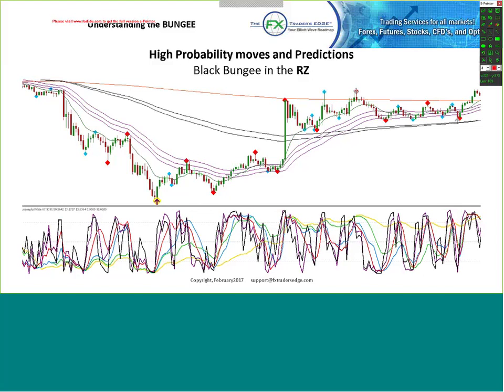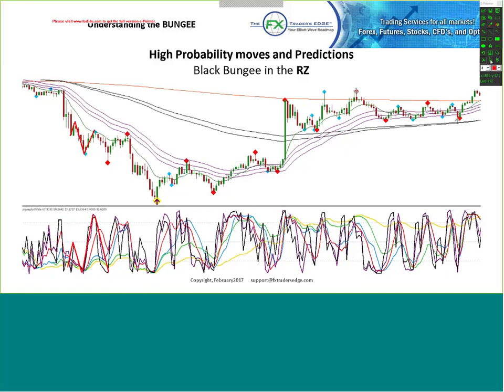I'm one step behind myself. This little move up and down of the black bungee is because we hit a low and we needed the black bungee to move away so that it could come lower. On this occasion, we have a more substantial stretch away, right to the opposite side of the channel. It won't stay there, and it doesn't. And we'll see this later when we look at how the bungee helps us trade.